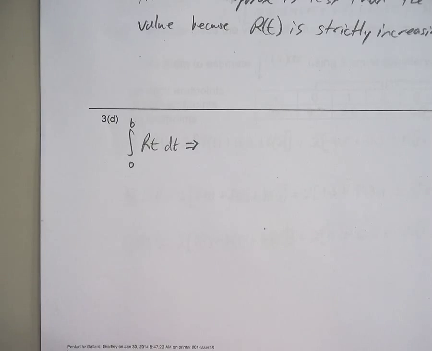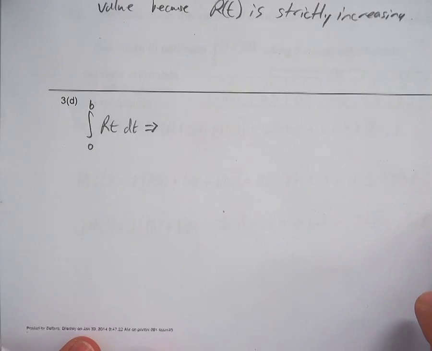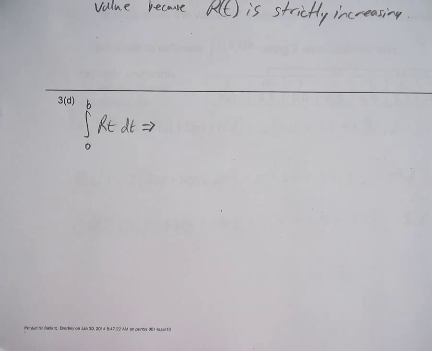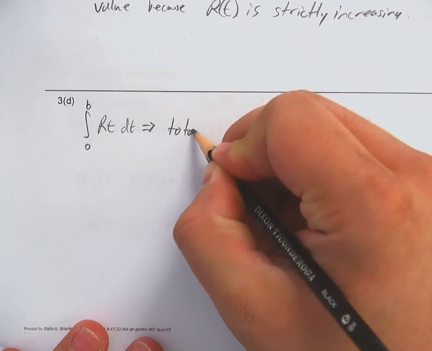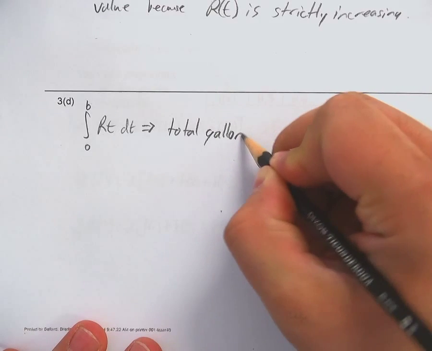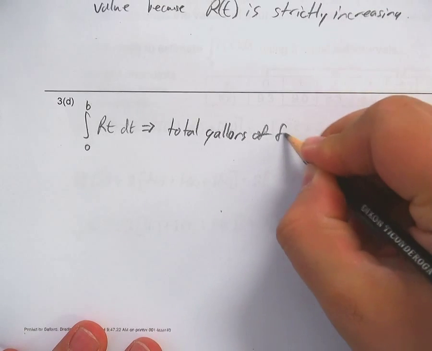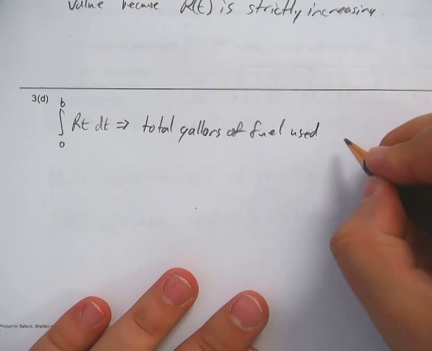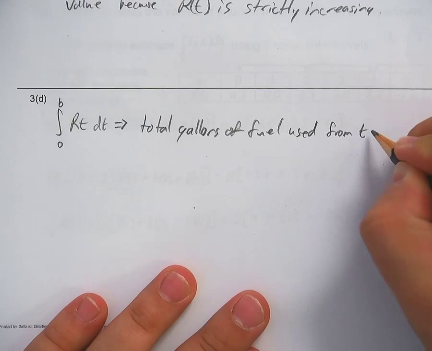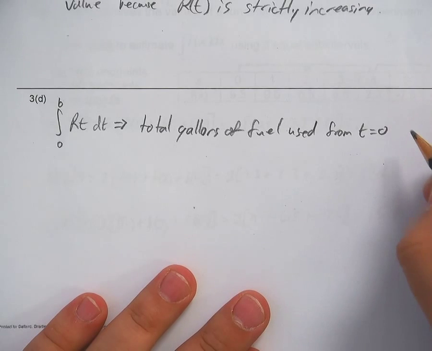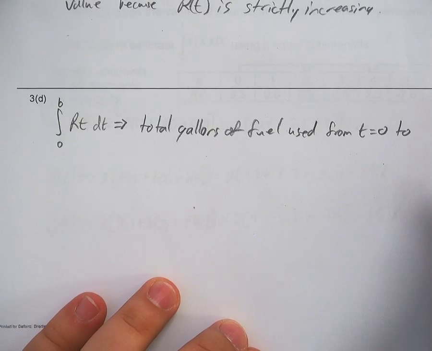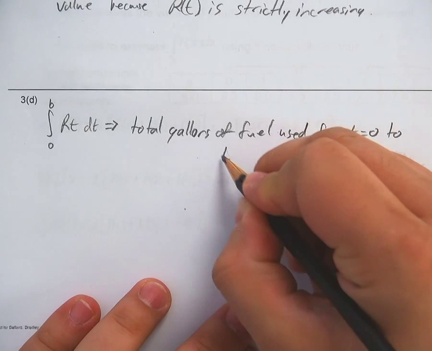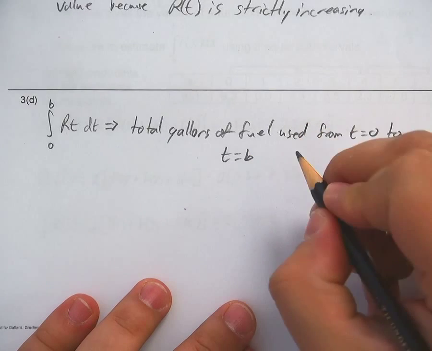Well, like I said before, if r of t is the rate at which fuel is consumed, it's the gallons per minute, then the integral of that has got to be the total gallons of fuel used from t equals 0 to t equals b minutes.